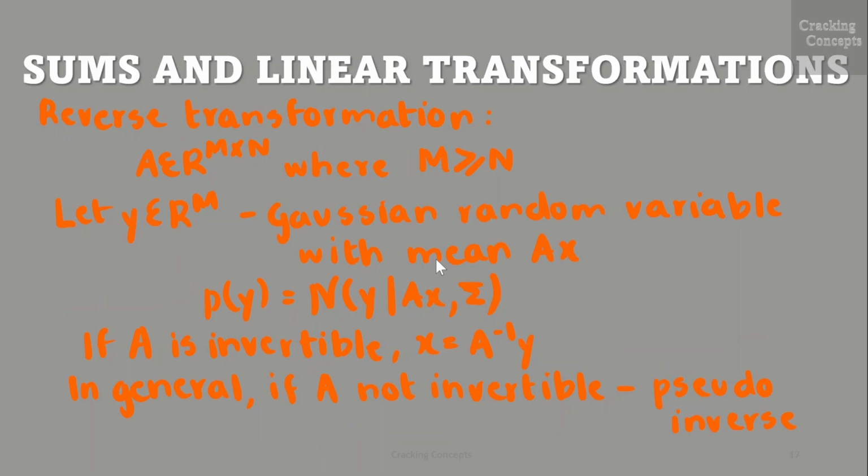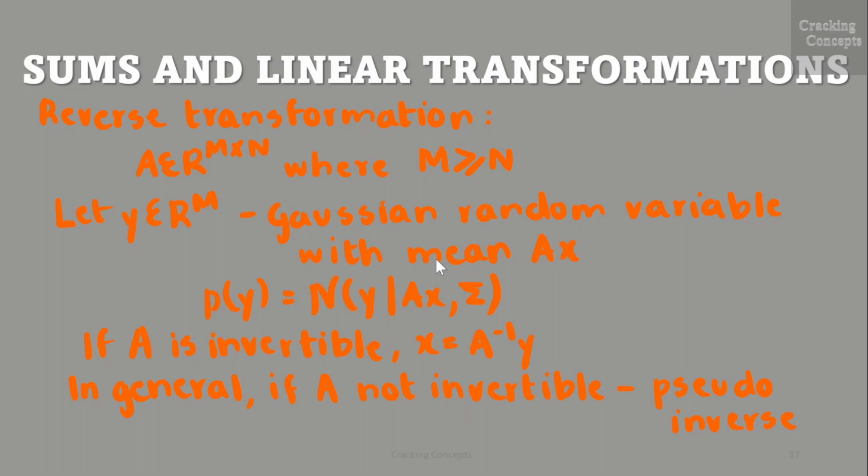Now let us consider the reverse transformation, when we know that a random variable has a mean that is a linear transformation of another random variable. For a given full rank matrix A belonging to R^(m by n) where m is greater than or equal to n, let y in R^m be a Gaussian random variable with mean Ax. Then P of y is a normal distribution with mean Ax and variance sigma. If A is invertible, then we can write x is equal to A inverse y and apply the transformation.